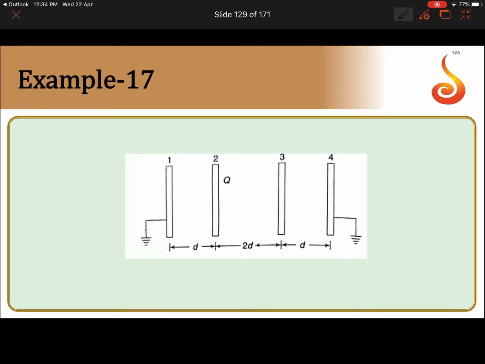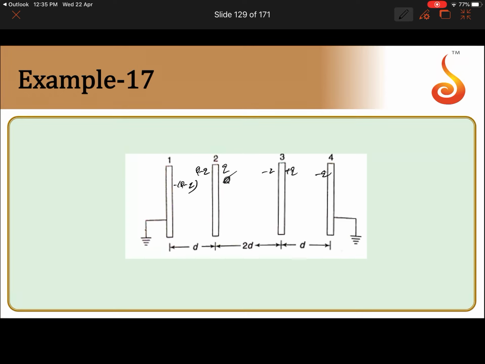So let the charge distribution be like this. Q is given to this. So suppose q comes here, Q minus q. So minus of Q minus q, so minus q plus q minus Q, and the outermost is 0 due to earthing.